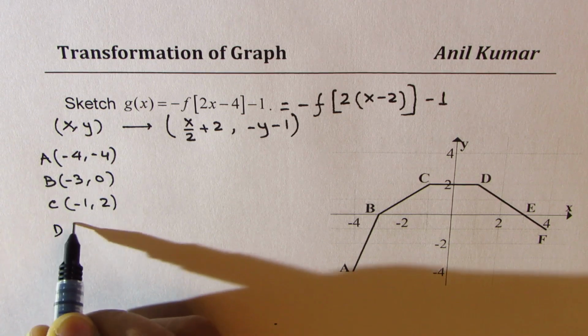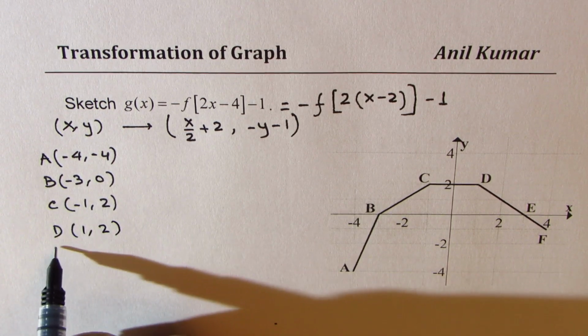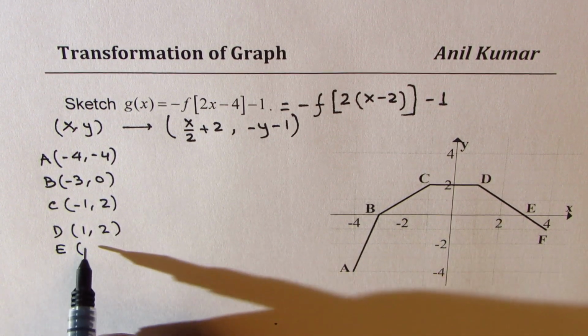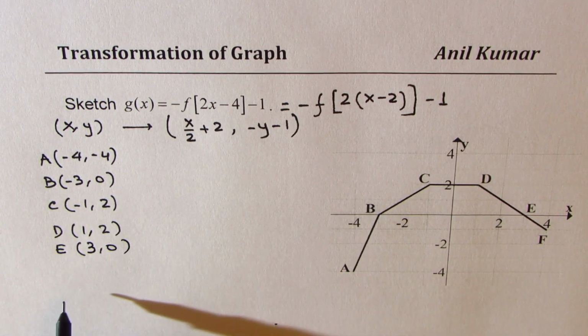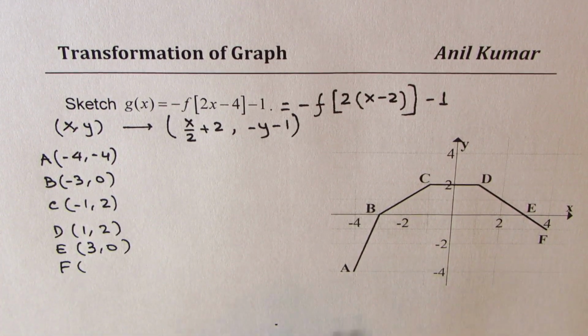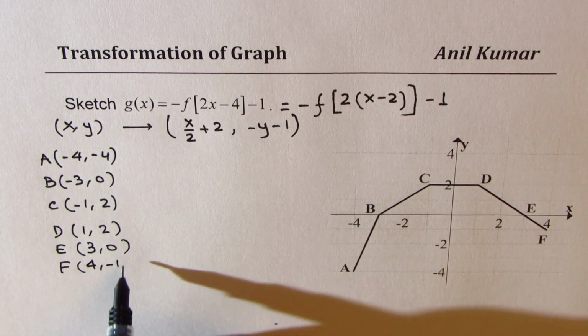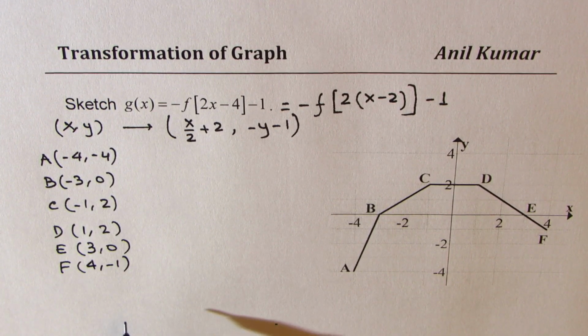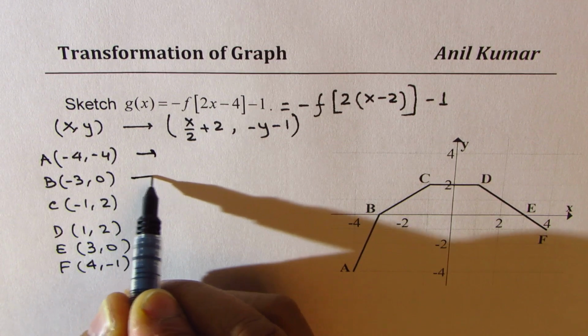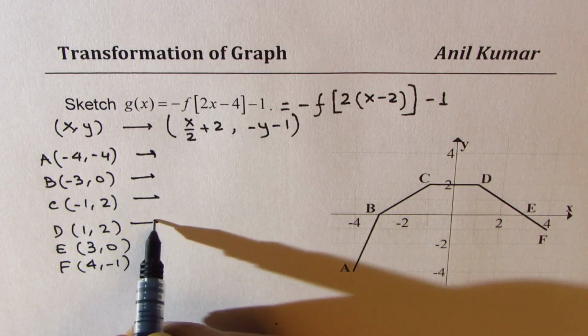For D, 1, 2. For E, we have 3, 0. And for F, we can write 4, minus 1. Now applying the transformation, we can rewrite all the image points.